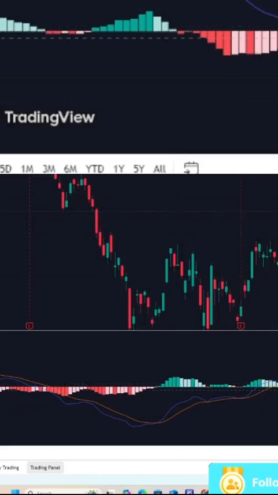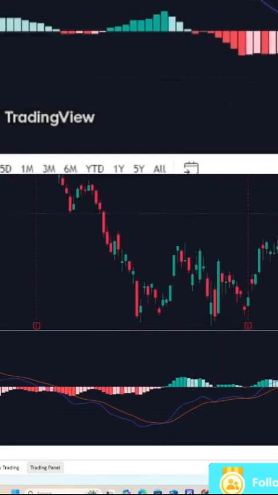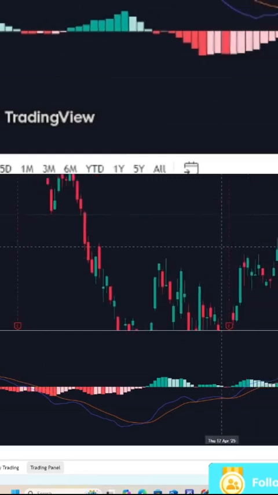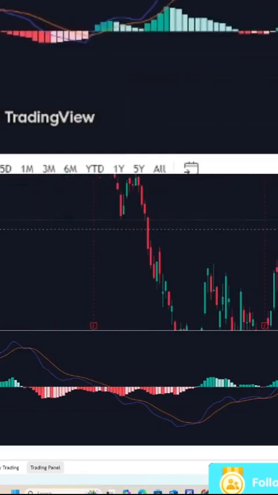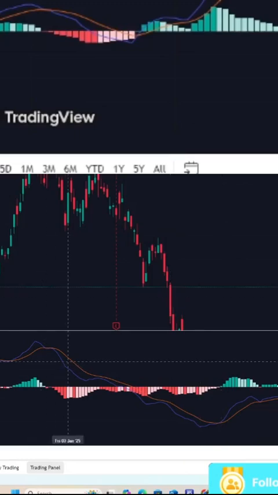We're going to see the same thing. We go back to the chart. We're going to compare to see when the stock was bearish and bullish. Remember, I told you: whenever the MACD line is above the signal line, the stock is bullish.